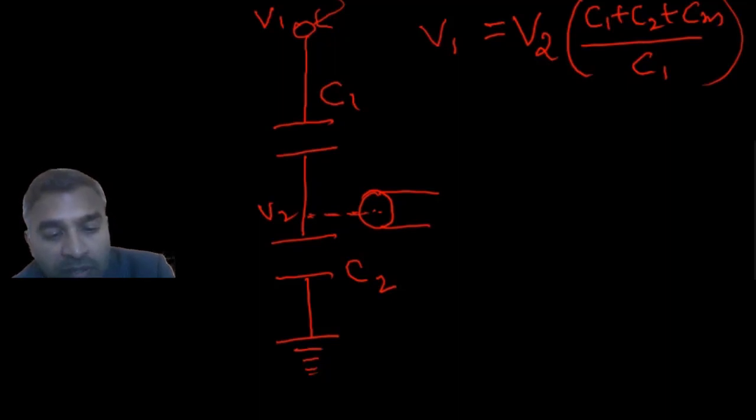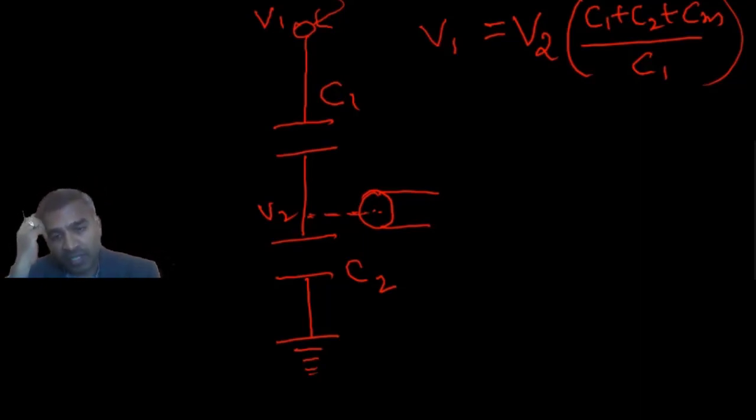Suppose you want to measure very high voltages, then which should be more, which should be less, with some logic? C2 has higher capacitance and that's why it will have lower impedance.